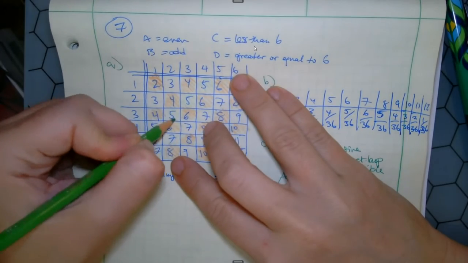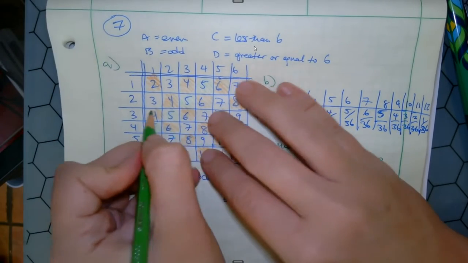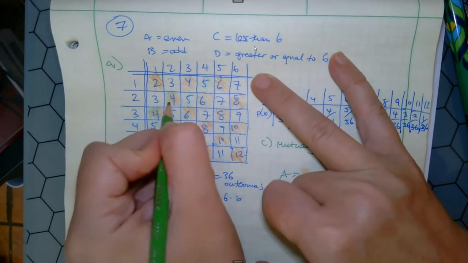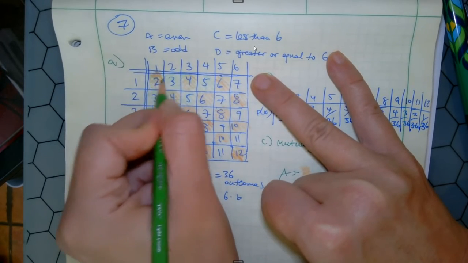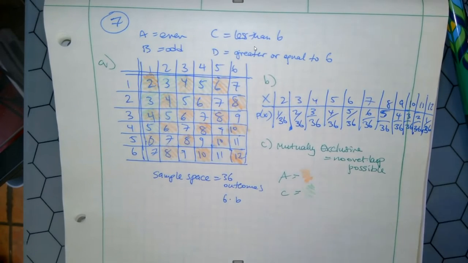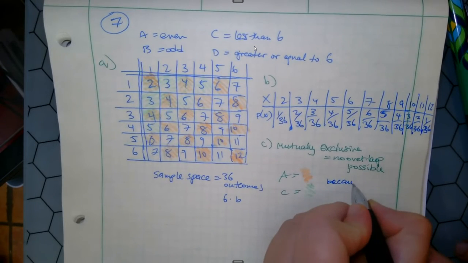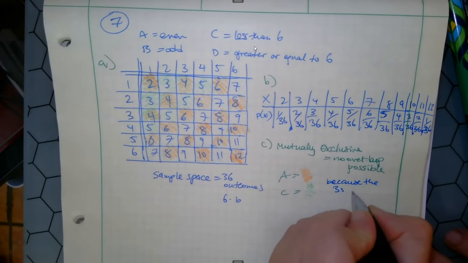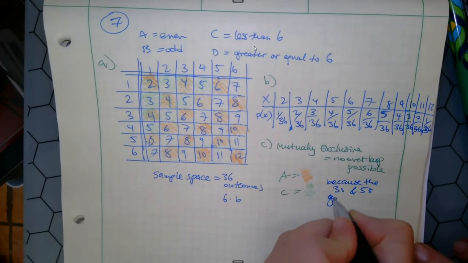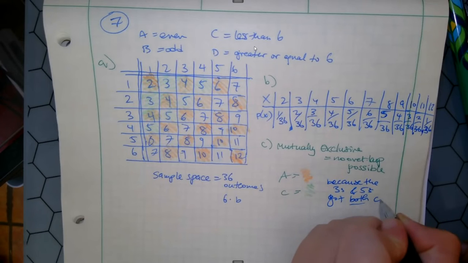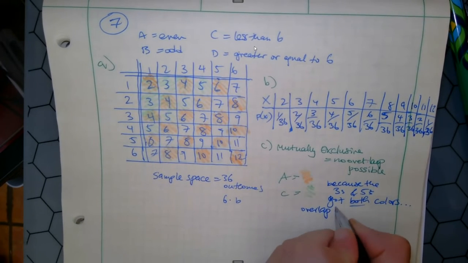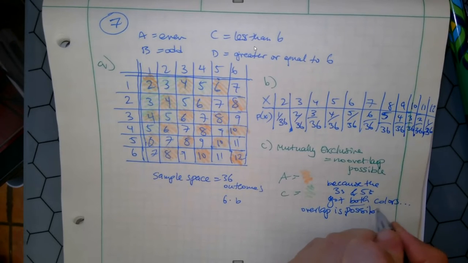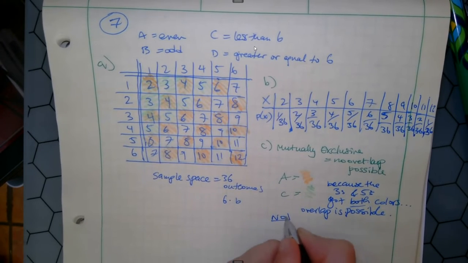So that's not double overlap, but, oh, 4 is also less than 6. These guys are about to get orange and green. So look, overlap is possible. We can do both at the same time. That means they're not mutually exclusive. So we're going to say, because the 3s and the 5s got both colors, overlap is possible. And the conclusion is not mutually exclusive events.